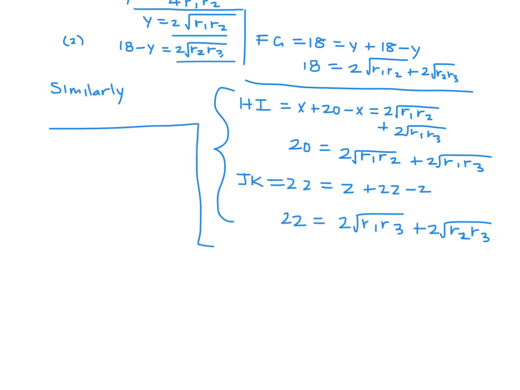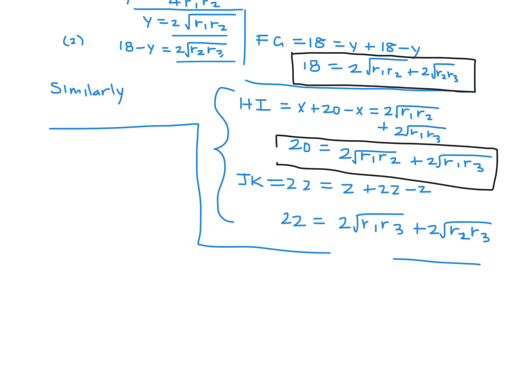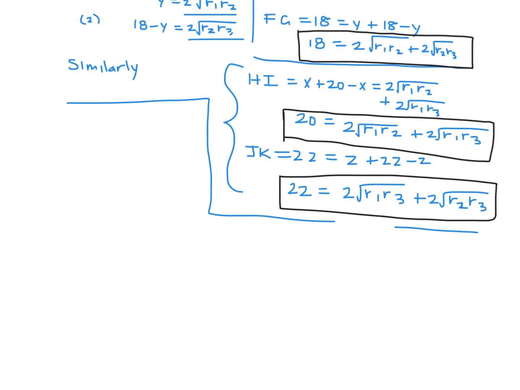Okay, so now that we got these results, let me just circle them. We got this result, we got this result, and we got this result. Now we can proceed. Probably going to want to simplify it a little bit. So I'm going to let this root r1r2 guy equal a. And then I'm going to let this root r1r3 guy equal b.